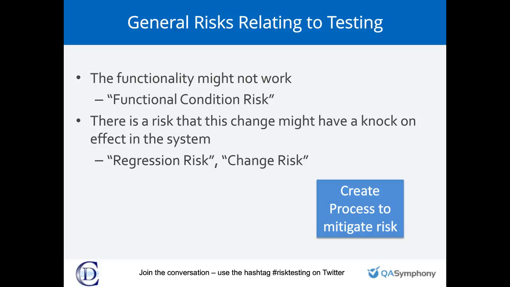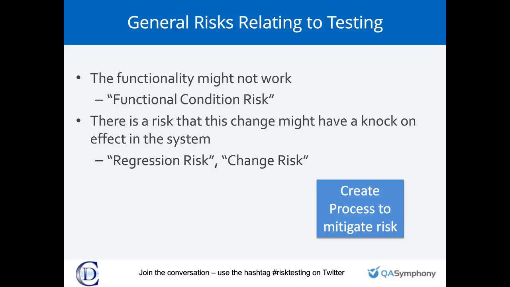Now, we have in testing something called regression testing, which is a process that people put in place. And I think most people think that that process is mitigating the regression risk, and that they've created that regression testing process to mitigate it. Unfortunately, they're wrong, right?